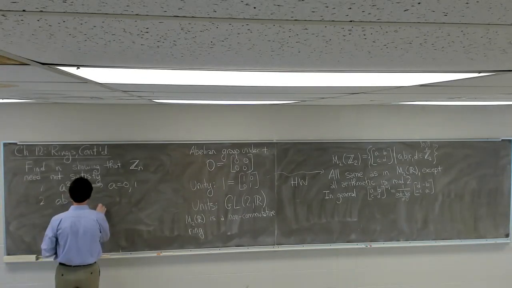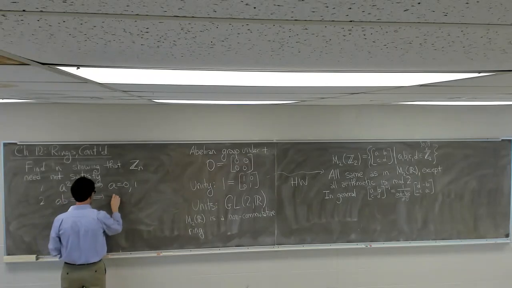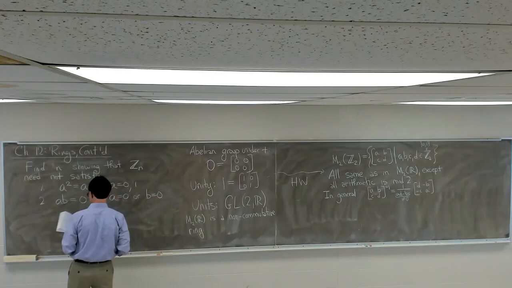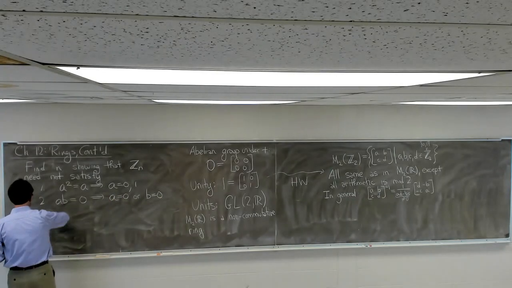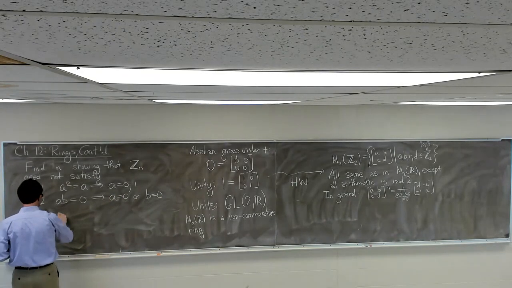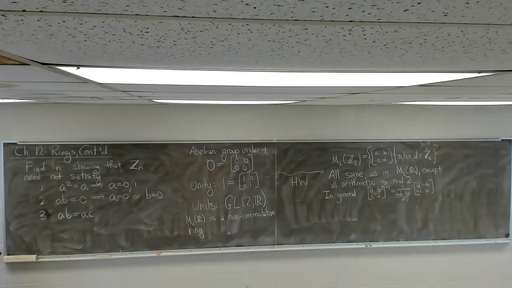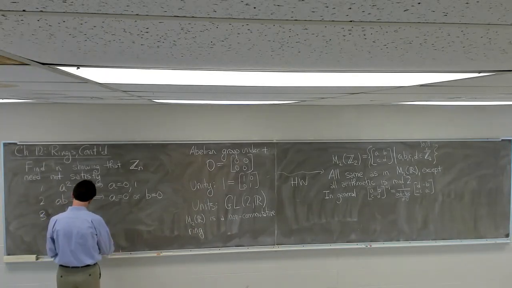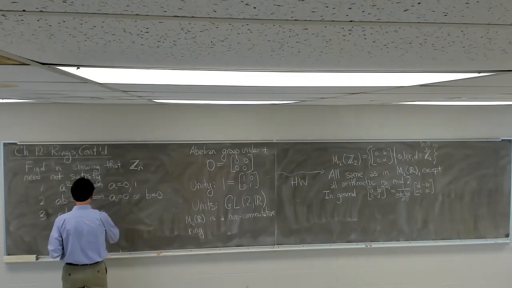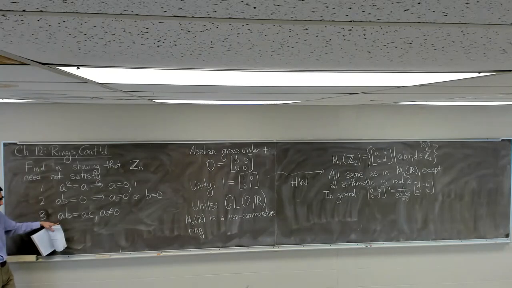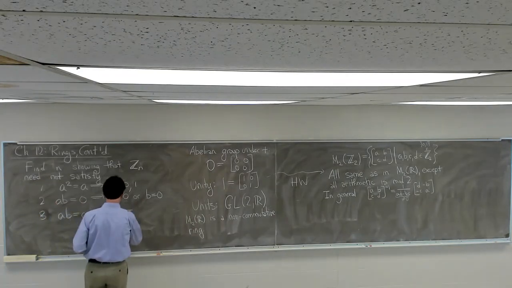AB equal to 0 implies that a is 0 or b is 0. And then the last one here, the products AB and AC are equal, and this number a is non-zero.